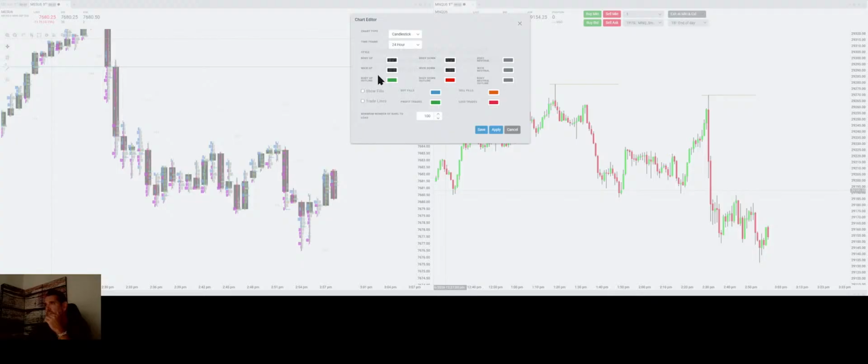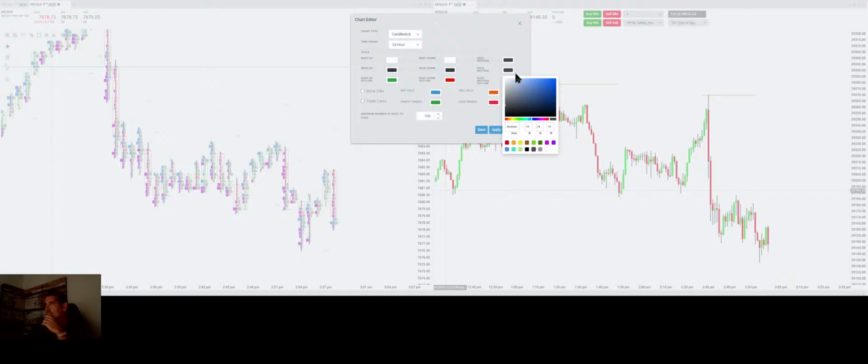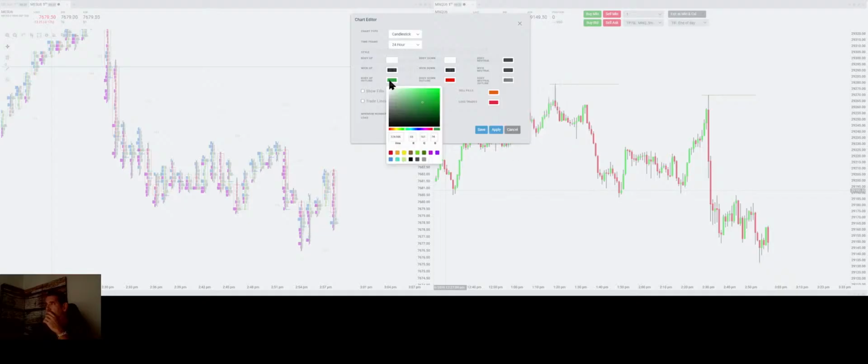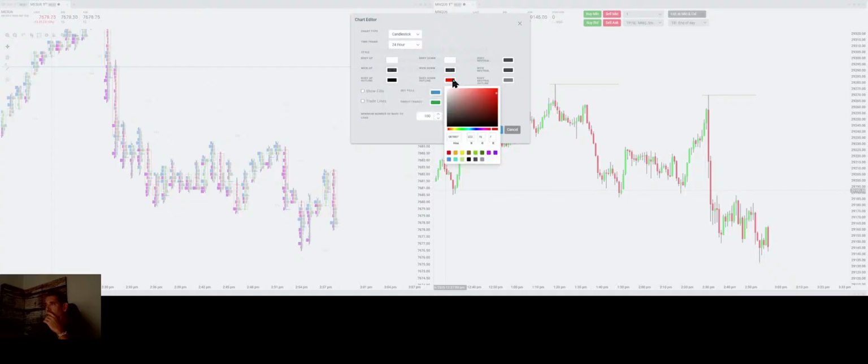What we need to do is the body, we turn off, we make them hollow, like this. Same color as the background, that gives us the spike only, makes them hollow. Look at the outline, see? So, body neutral, tune it up, wick neutral, tune it. Outline body. Now look what happens.